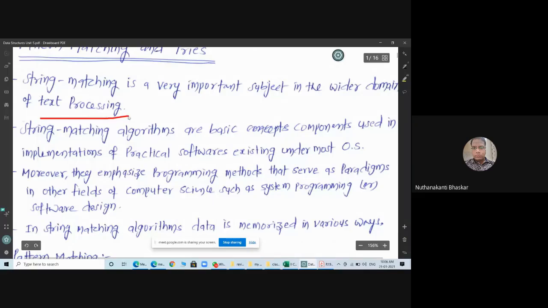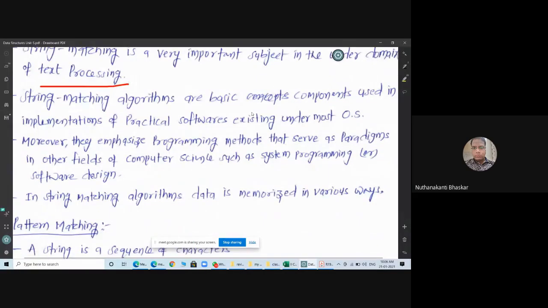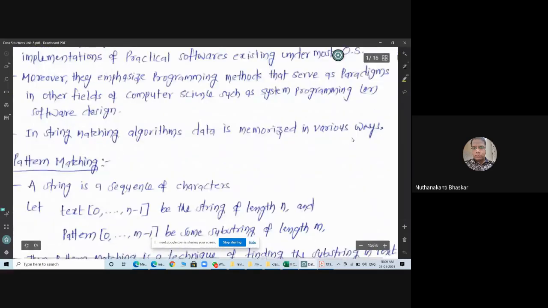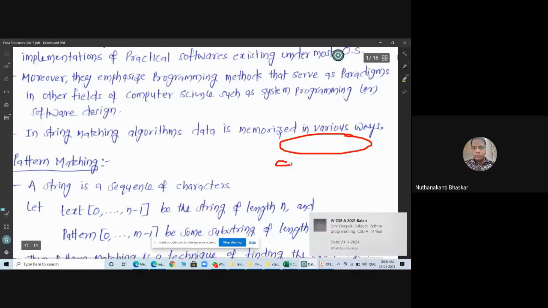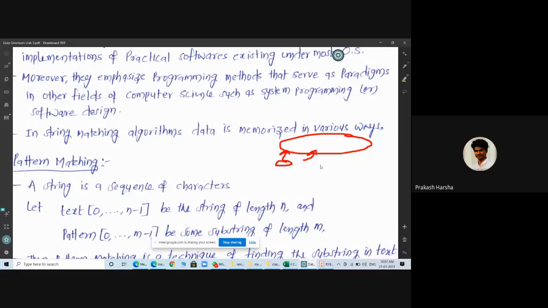Especially this pattern matching is given for text processing in our syllabus. That is nothing but string matching. It means we have a big string like this, and now we are going to search whether this substring is there in this big string or not. If it is there, where it is. Understand? Yes, sir.